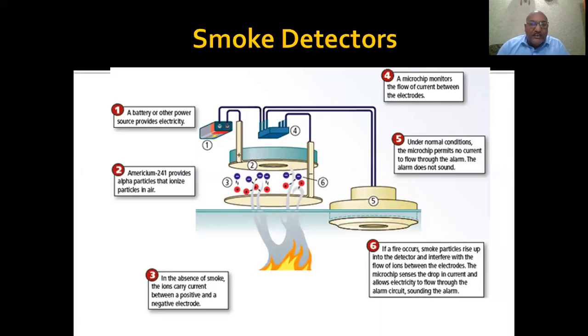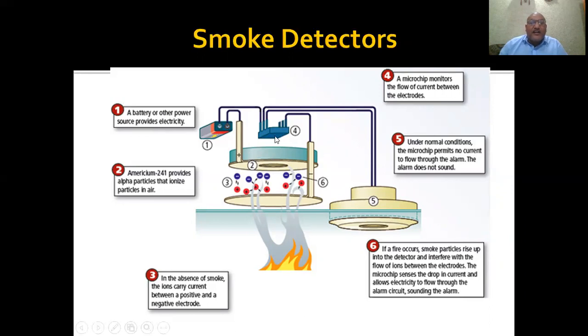If the current continues flowing between these two electrodes, the alarm will remain silent. If by some method this current flowing between the electrodes is disrupted, disturbed, then what will happen?